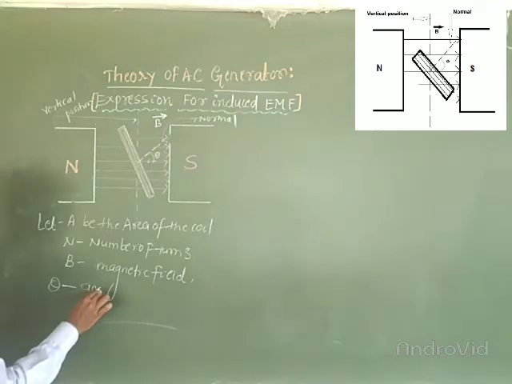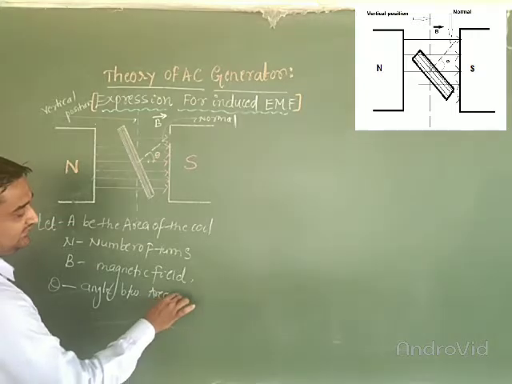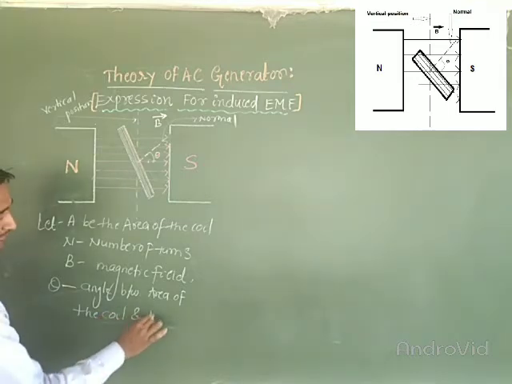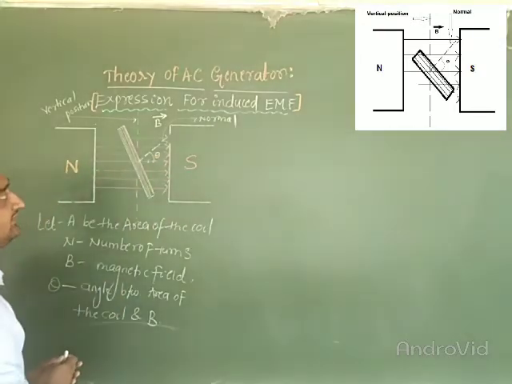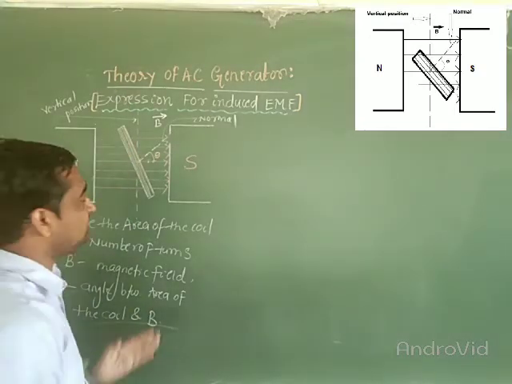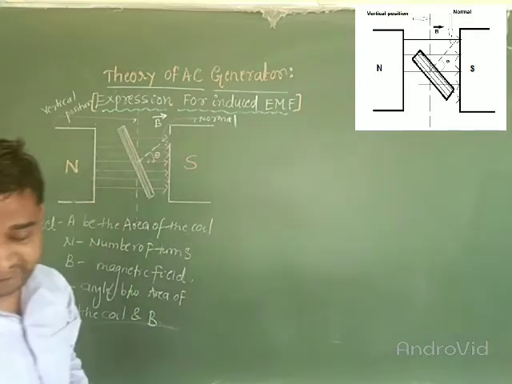Initially the coil is held perpendicular to the magnetic field, so initially theta is equal to 0 degree.